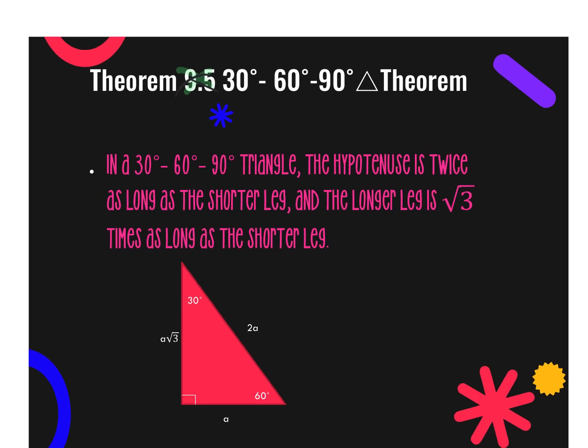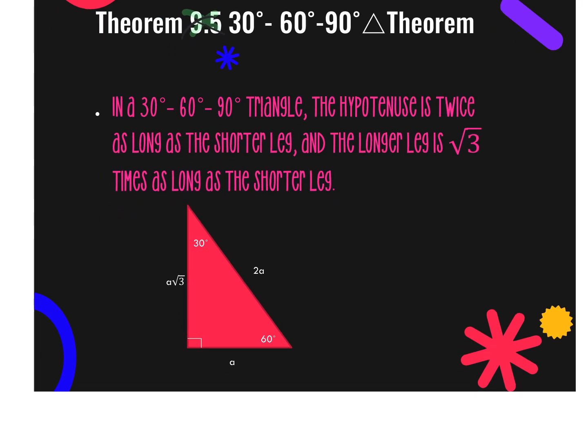So in this particular picture, my smallest angle is the 30. So this side across from the 30 is going to be the shorter leg. This is going to be the smallest side of my triangle. And then the 60, this is going to be the longer leg.